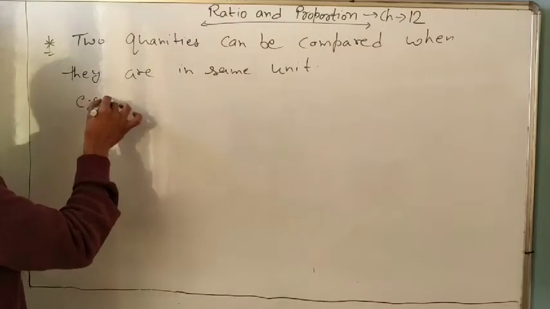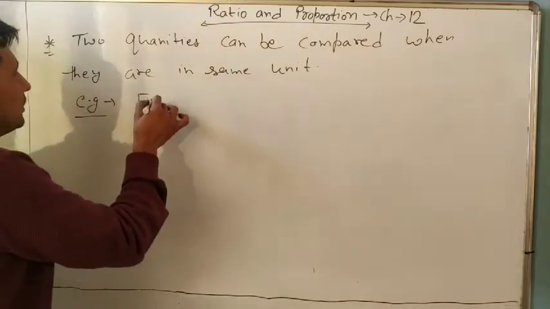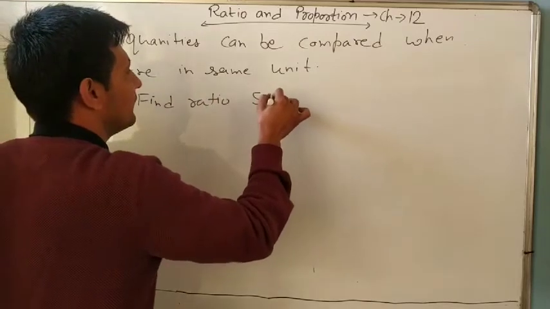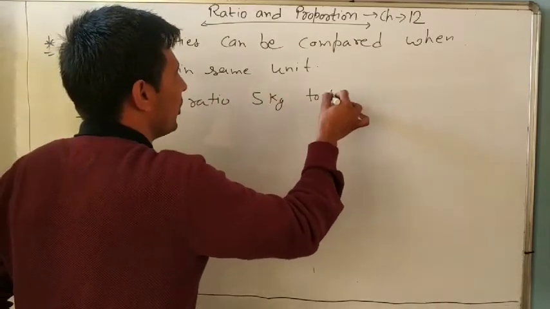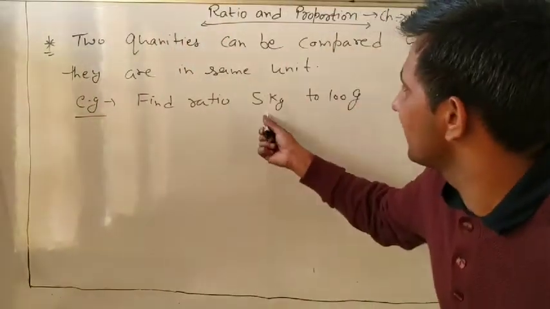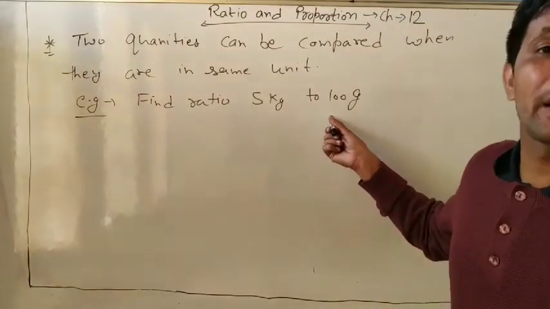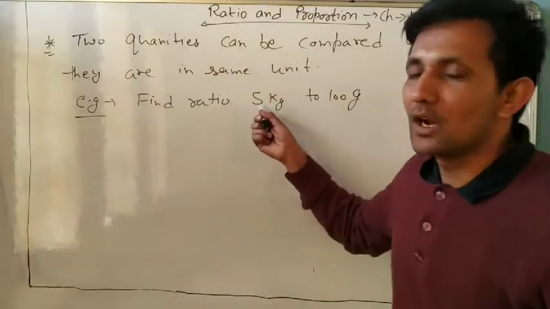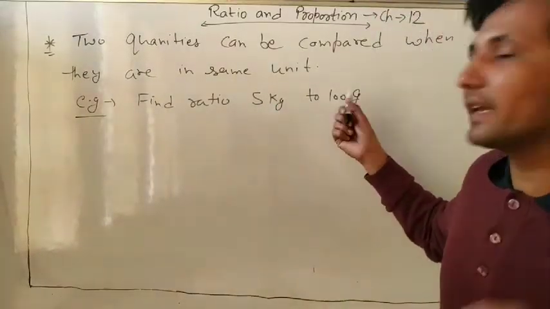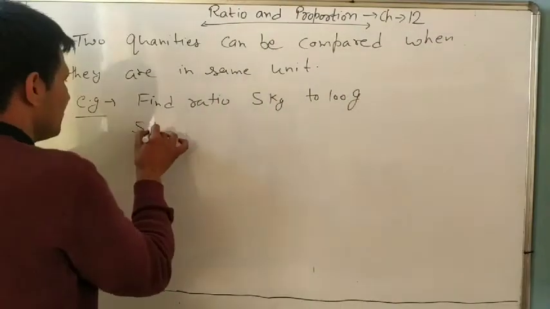Same unit means, if I ask you find ratio 5 kg to 100 gram. So we observe that one is kg, one is gram. So either we will change 5 kg in gram or 100 gram in kg. So we will change in gram.